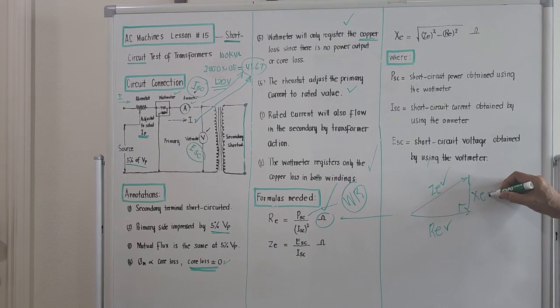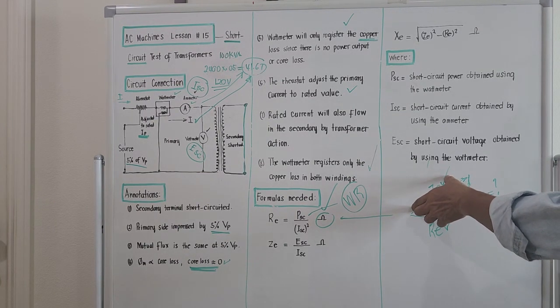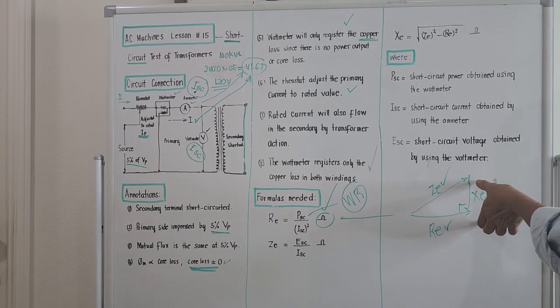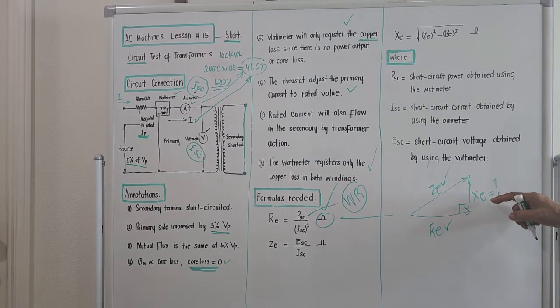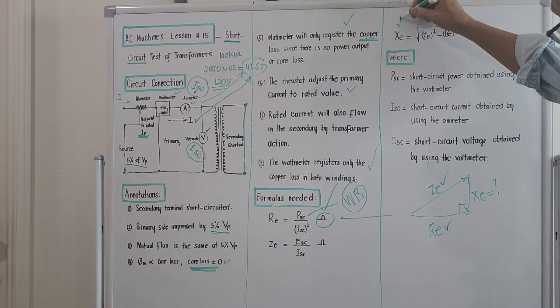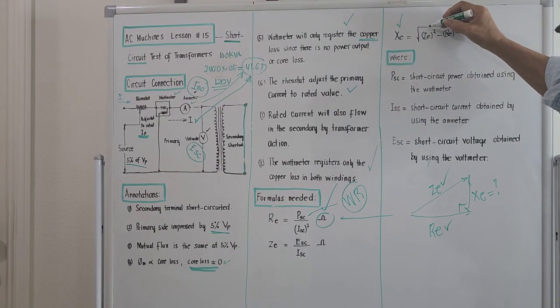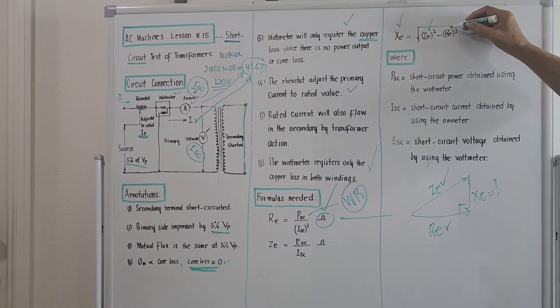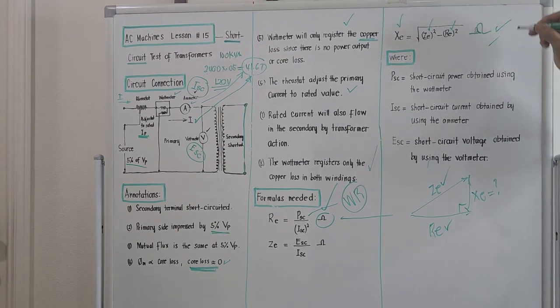So if we are looking for the reactance, okay, Pythagoras principle. The square of this should be equal to the square of this plus the square of this. And if we try to compute for this, XE now will be the square root of the impedance quantity square minus RE quantity square. And the unit is still in ohms. Okay? Oh, that's it, guys.